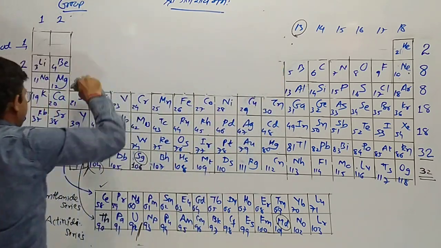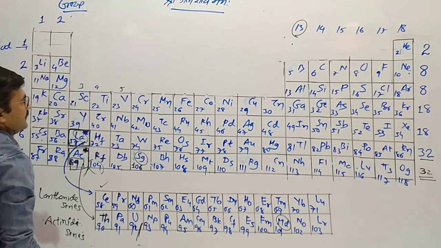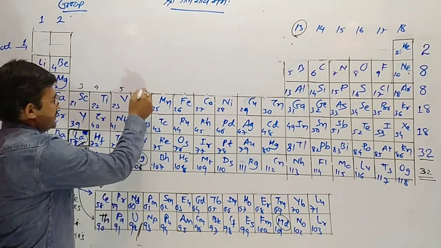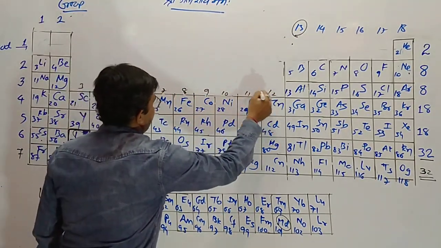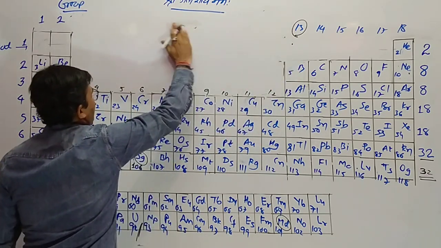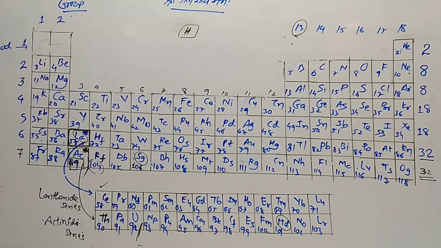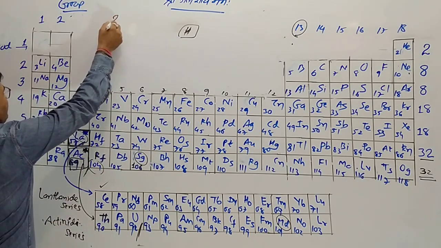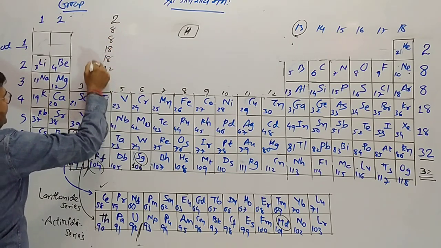So, for better understanding of our new students, my little friends, 3, 4, 5, 6, 7, 8, 9, 10, 11 and 12. Hydrogen is in the first row, first period. Understood? Hydrogen. Now, once again, I had given you the trick 2, 8, 8, 18, 18 and 32.